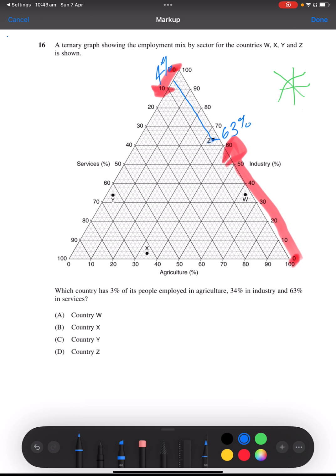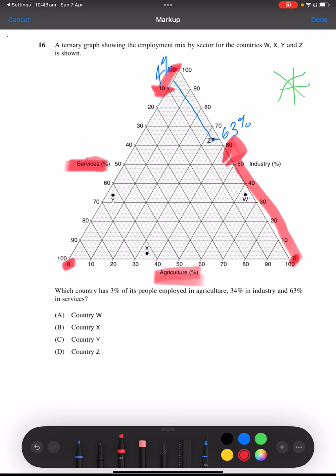Now, the last one we have to do, again, we're going to start down at the 0, okay? We're going to work our way down to the bottom here. And this is the last section of data. And before we move on, let me just add that country Z, using the previous set of data, 4% of employment, okay, linked to services. Now we're going down to the agriculture.